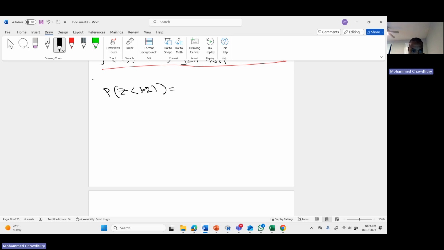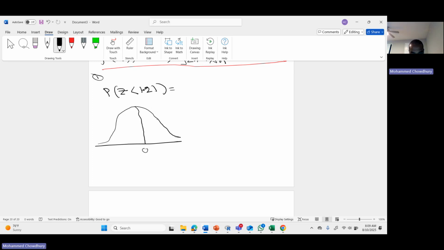In order to do that, this is the number one problem, so I have to draw the figure. This is the figure. The figure drawing may not be good.